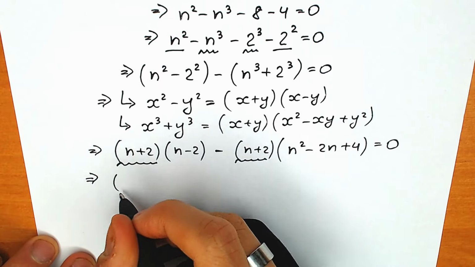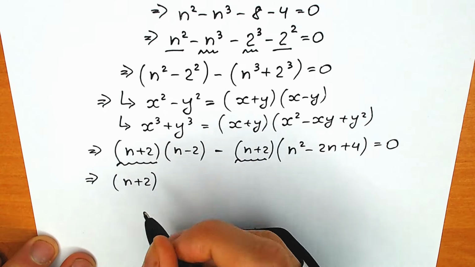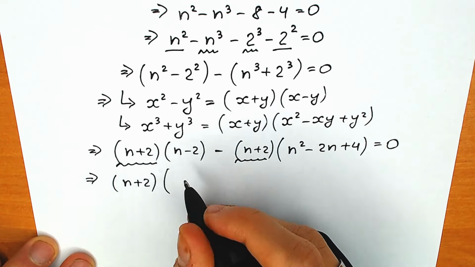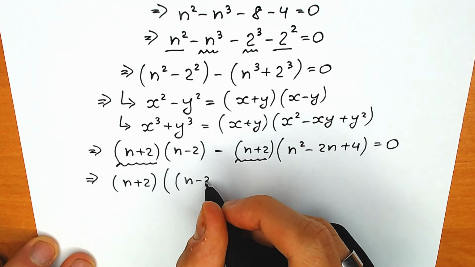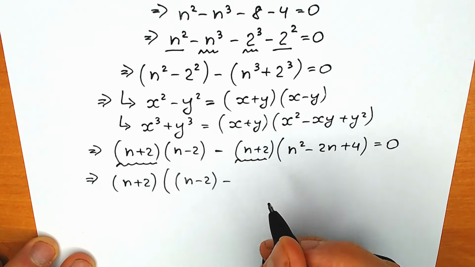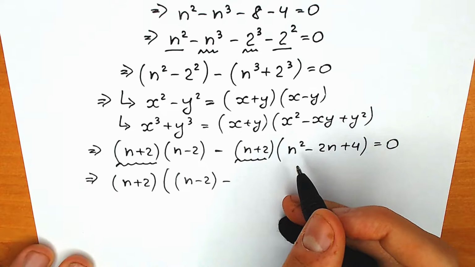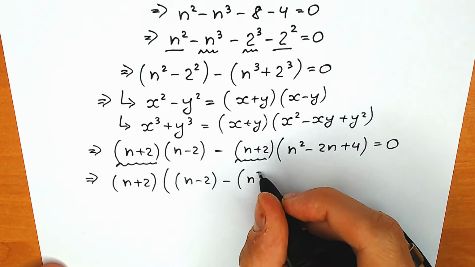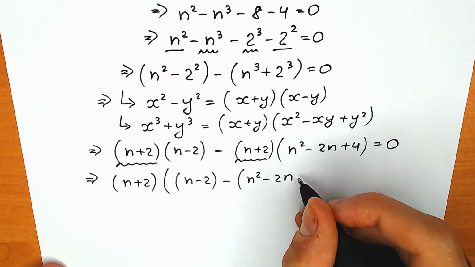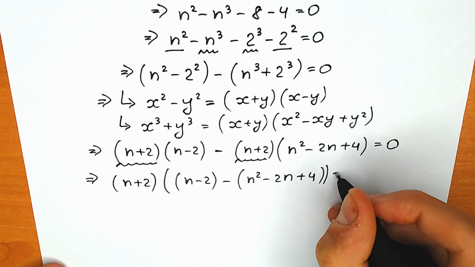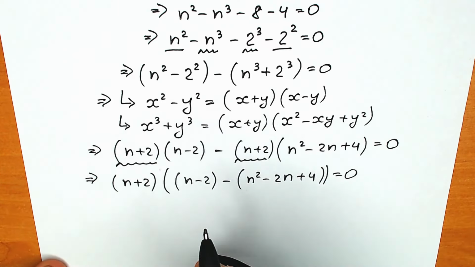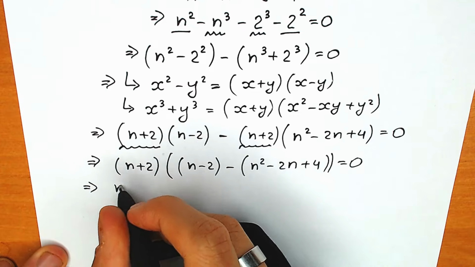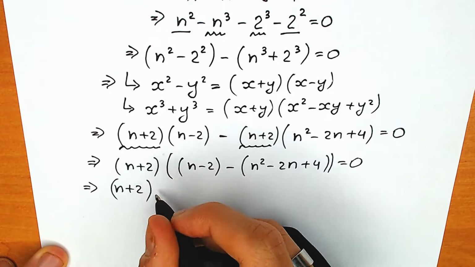So we have n plus 2, and in another parenthesis we have n minus 2, and minus the parenthesis n squared minus 2n plus 4 equal to 0. Let's simplify it. We can easily simplify our second parenthesis. So we have n plus 2, and in another parenthesis, what do we get?